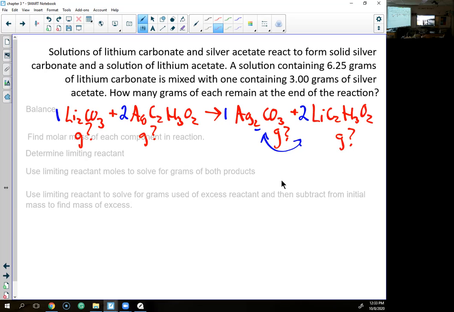Which one do you think that would be using our new vocabulary words? Perfect. The limiting reactant. So one of these 2, the ending mass is 0. The other one of these 2 would be called the excess reactant.